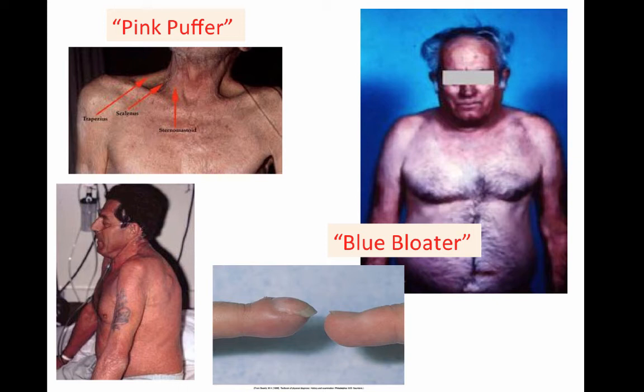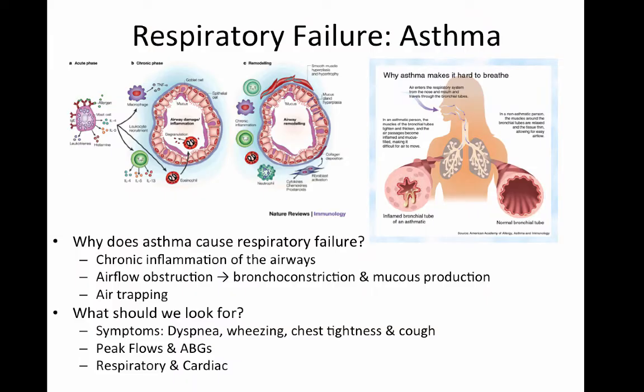Their residual lung volume gradually increases as well, which is what they're considered to be the bloating part. They become very fat, they become hypoxemic and sort of cyanotic, and so they have a little bit more of the bluish tint to their skin. These are the patients that exhibit the pursed lip breathing that you're probably used to hearing about or used to seeing. That's more of the chronic bronchitis patient.